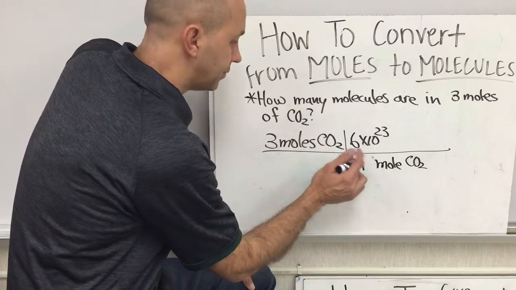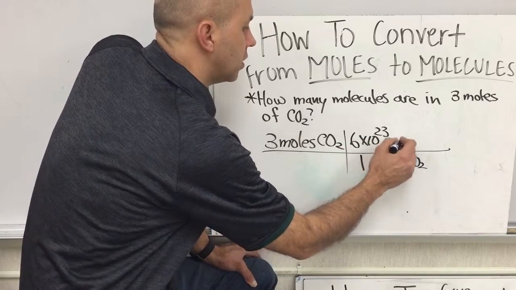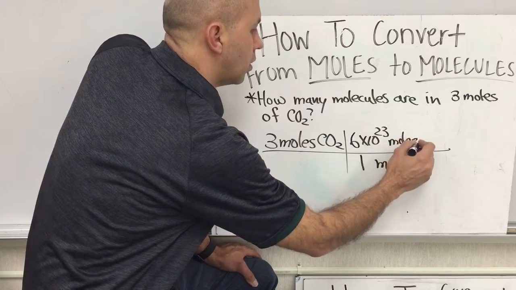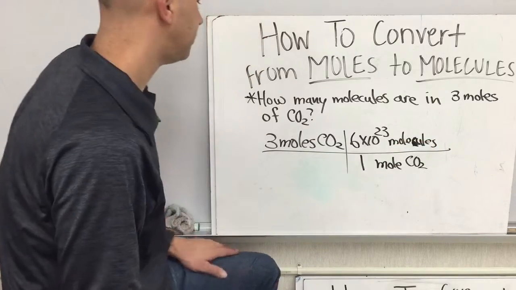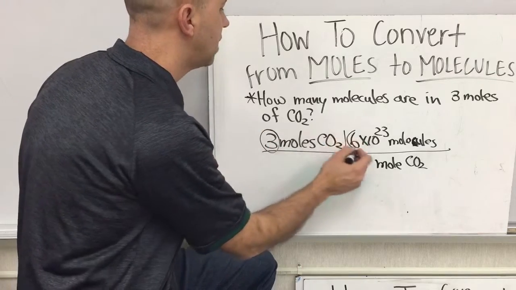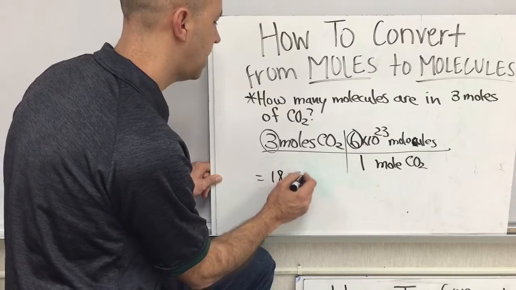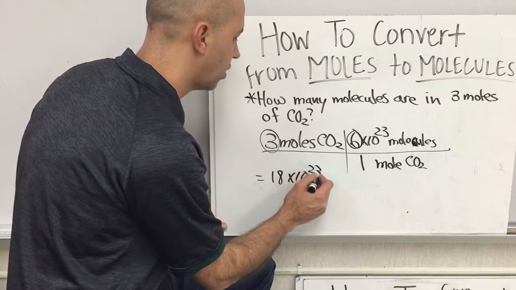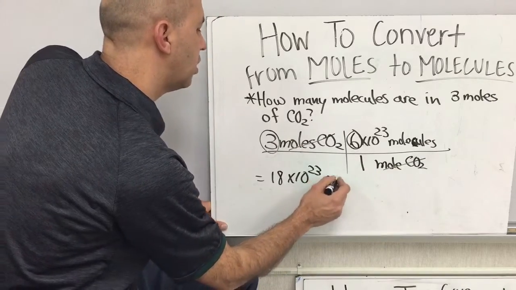So I'm going to say 6 times 10 to the 23 molecules. Now I'm going to do the math. 3 times 6 equals 18 times 10 to the 23rd. This and this go away, and my answer is in molecules.